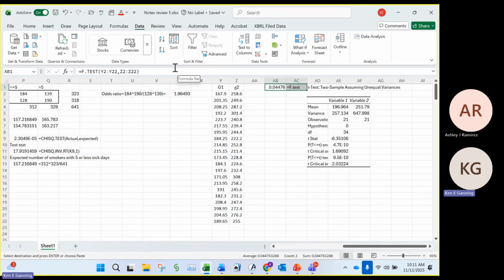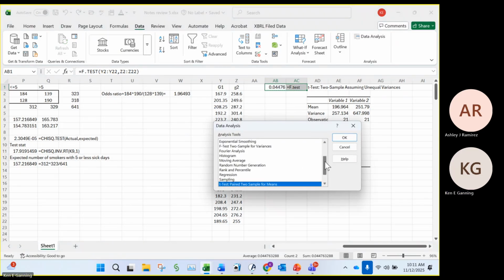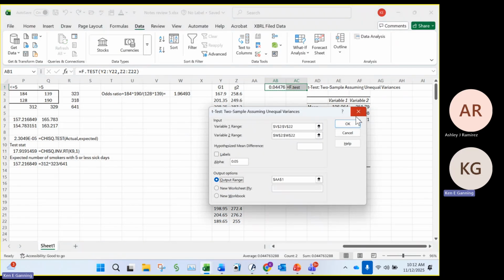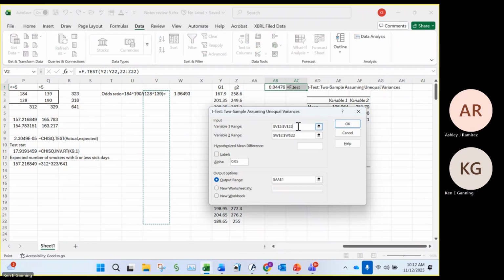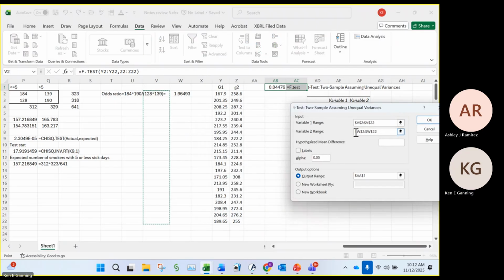Okay, so we're assuming unequal variance, we go to data analysis, unequal variance. I have Y, and then I have Z, and my output is AB, AD.